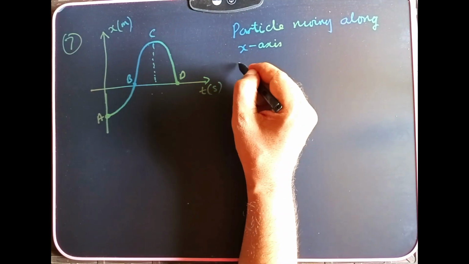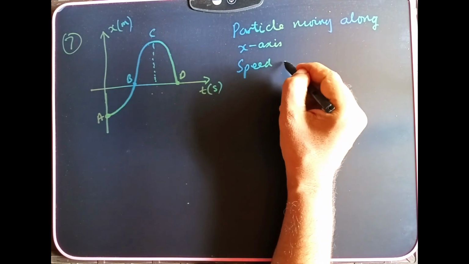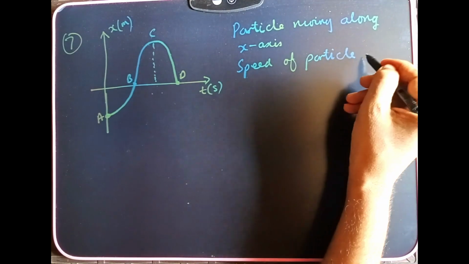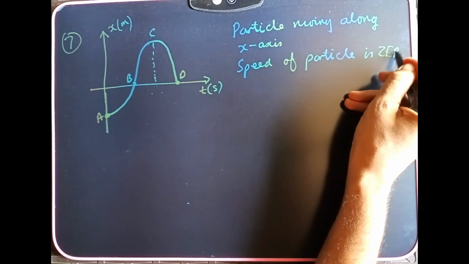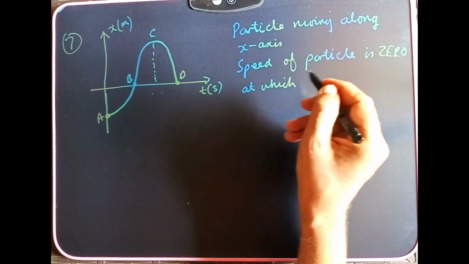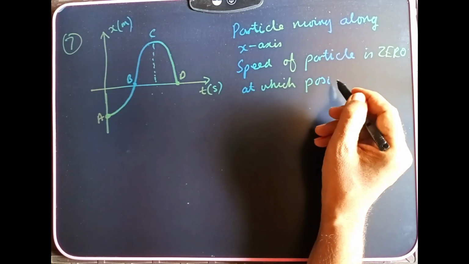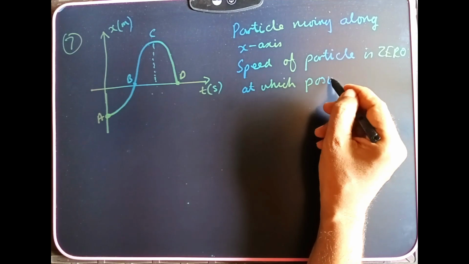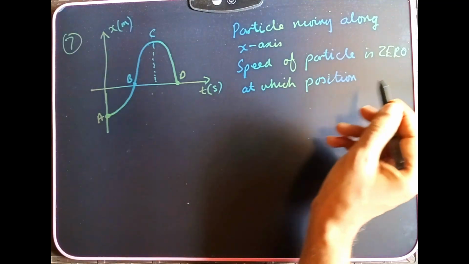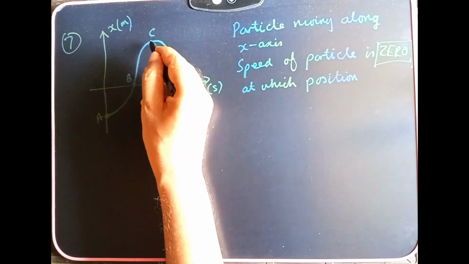Now it is asking: speed of the particle is 0 at which position or which point? So where is the speed 0: at this point, this point, this point, or this point?